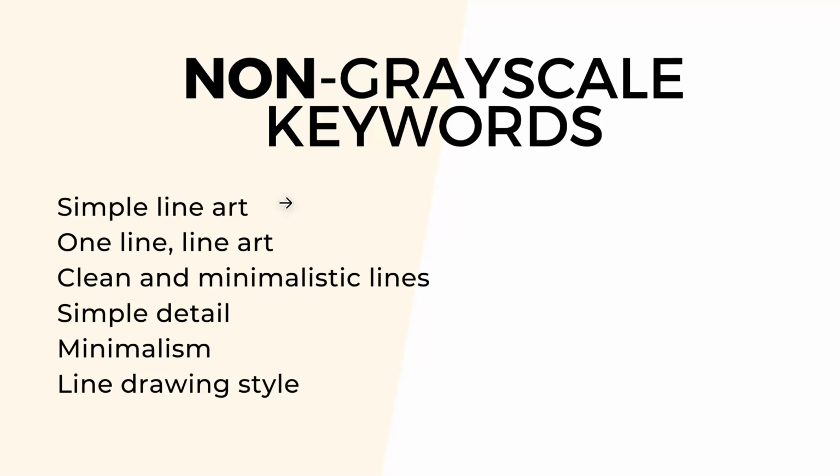So when it comes to crafting your prompts, always write them around what you do want. So simple line art will help you not have any grayscale, because normally there's no grayscale in simple line art.